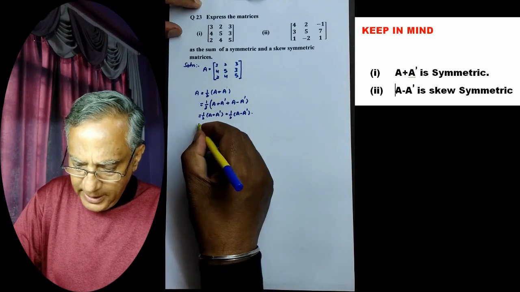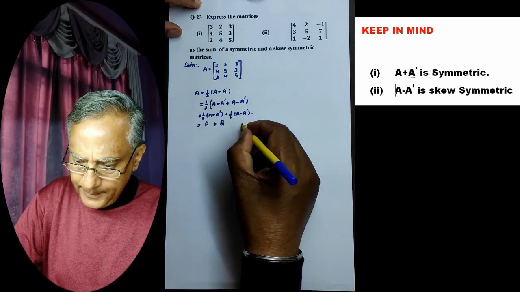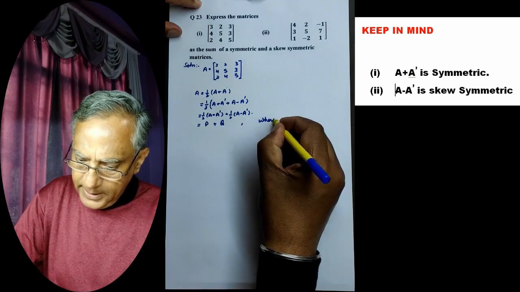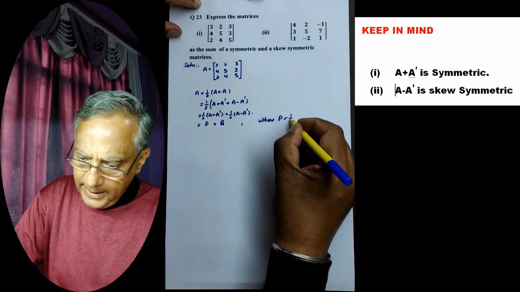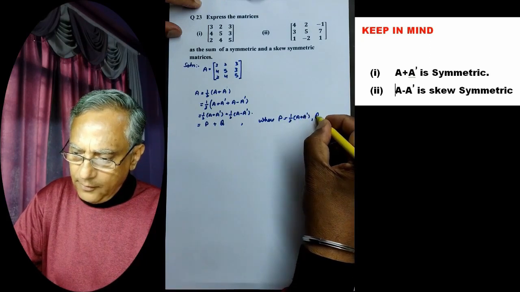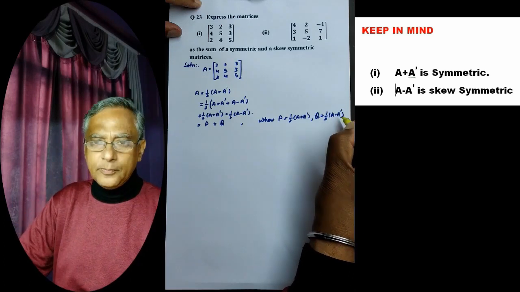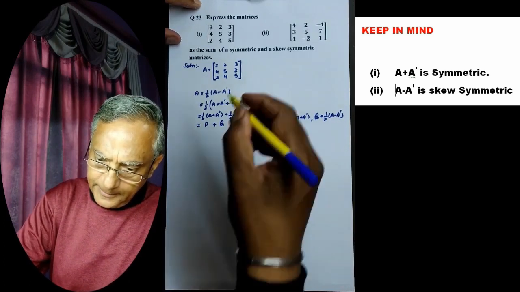This is equal to, say, P plus Q, where P is equal to half of A plus A dash and Q is equal to half of A minus A dash.